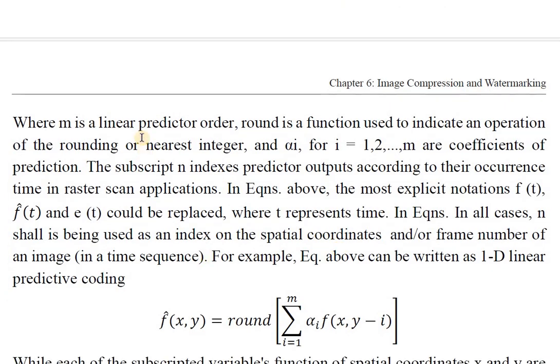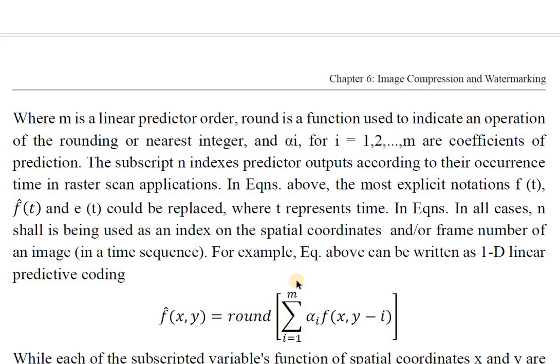So m is the linear predictor order. Round is a function as we all know. Okay, and alpha i we consider for i is equal to 1, 2, 3, 4 up till m, coefficients of prediction. So alpha i are nothing but the coefficients of your prediction.